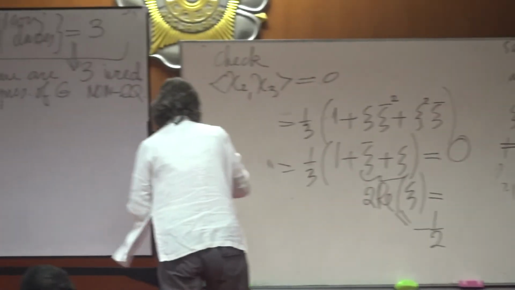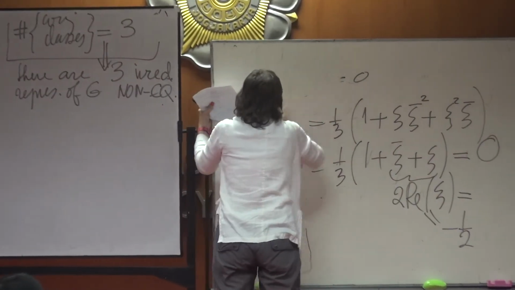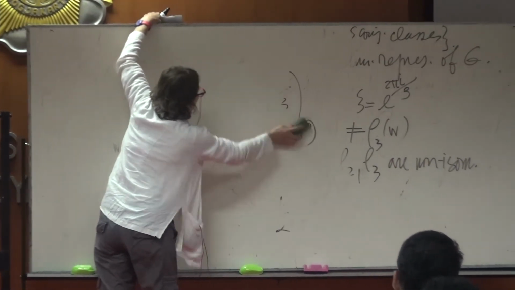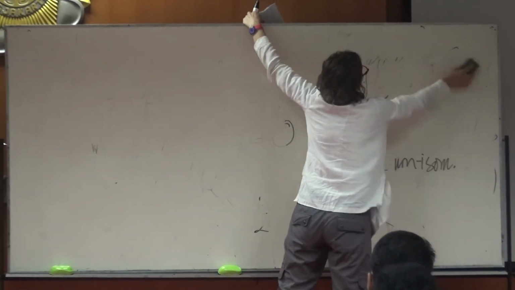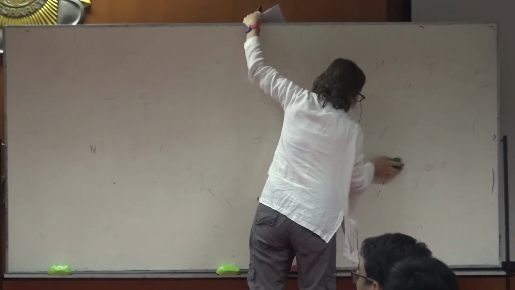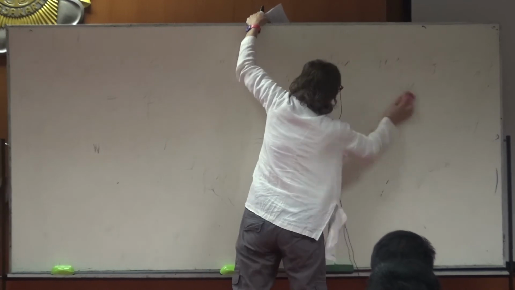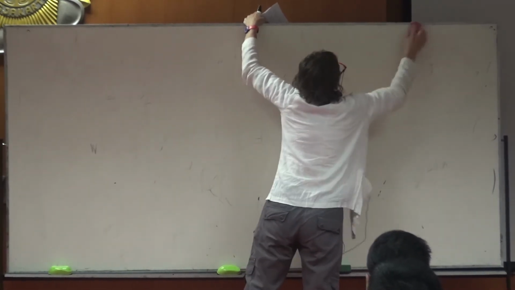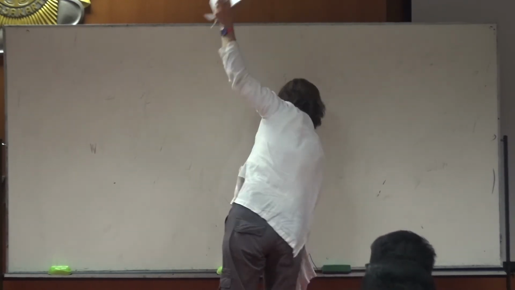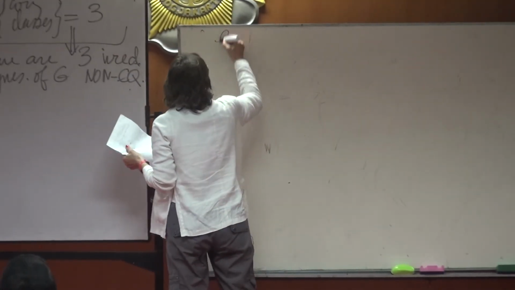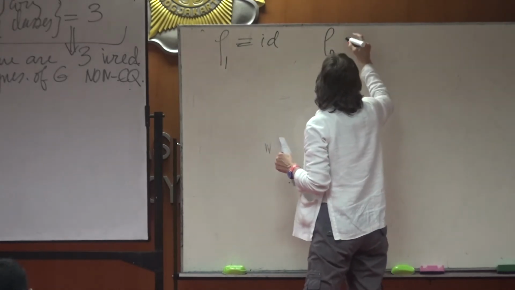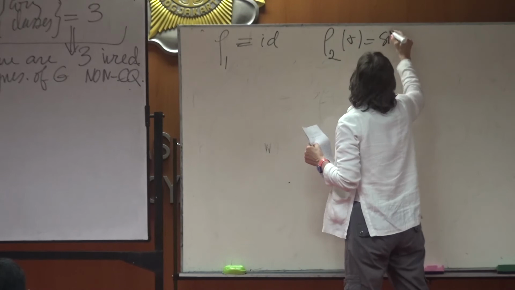So we have rho 1, the trivial representation. We have rho 2 of sigma, the sign of sigma.